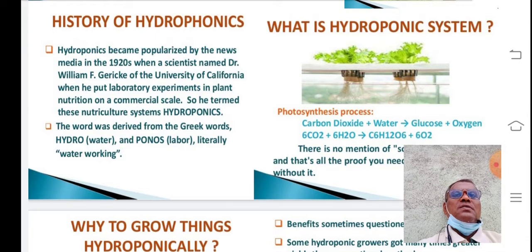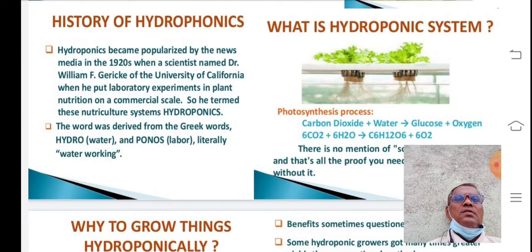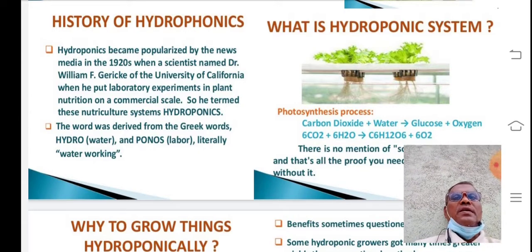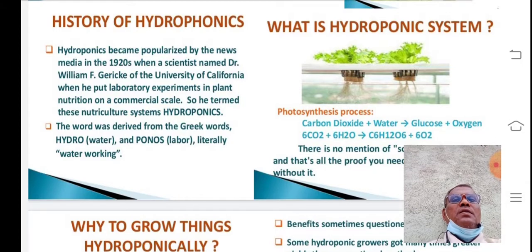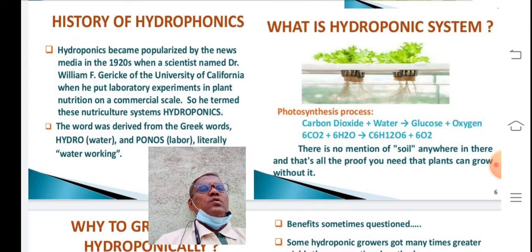So he termed it the system of hydroponics. Later on, there is the meaning of this word hydroponics in Greek. Hydro means water, and ponos means labor. So literally, water working. So water generally has one specific role.